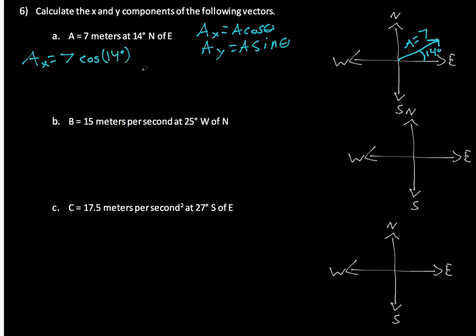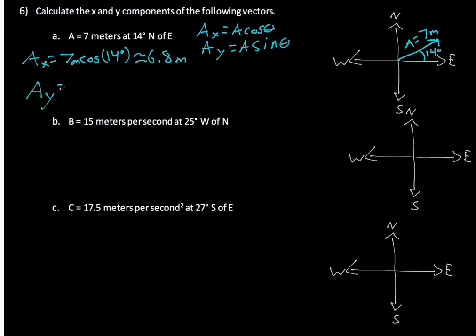When I plug that in, I get right around 6.8, a little bit less, 6.792, so we'll round it to 6.8. And we did have units actually, 7 meters, so I should have had meters in here: 6.8 meters.